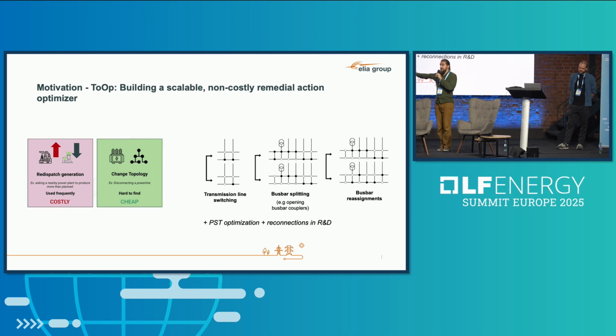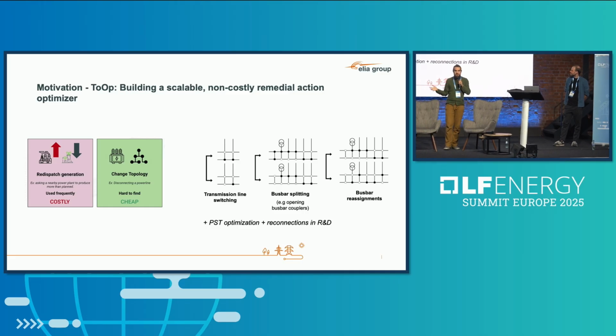What can help with this are grid-related measures, which are essentially cheap, like opening or closing switches. The problem with these switches is there are quite a lot of them, and there's combinatorics. So it's very hard to find a good topology, because we have enough switches on the grid to have around 10 to the 120 feasible topologies we could go to.